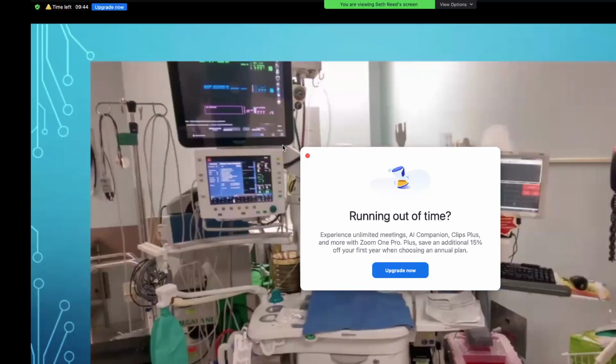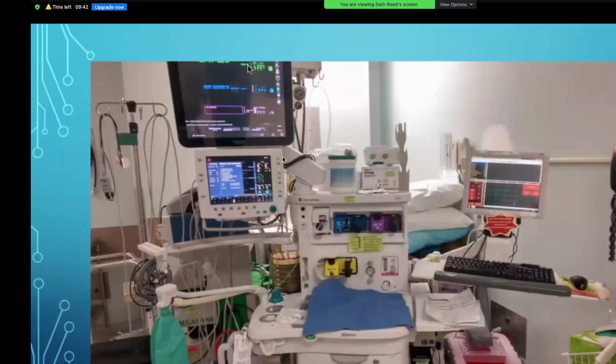So here's a modern day anesthesia machine. You can see there's a lot more on this. There's a monitor up here that measures vital signs: heart rate, oxygen levels, blood pressure, the carbon dioxide patients are exhaling, their temperature, all that kind of stuff. Then there's a ventilator screen that, when you're breathing for the patient, you can set the pressures, how much volume you're delivering, all kinds of different settings for the patient.